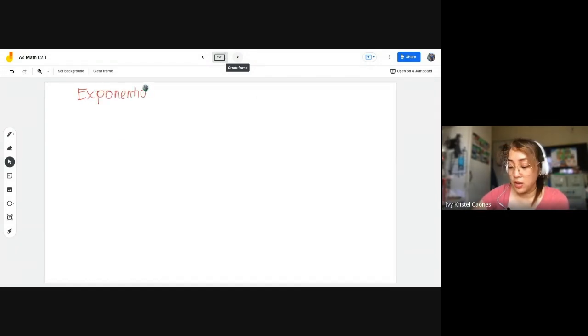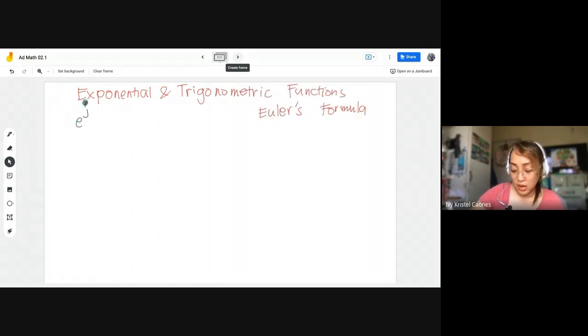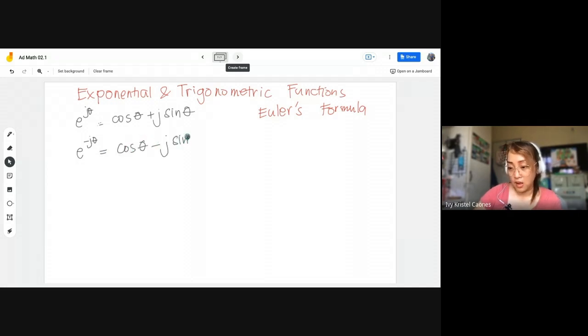So that is now our ln. Say, exponential and trigono functions. E to the j theta is equal to cosine theta plus j sine theta. So what is e to the negative j theta? It is equal to cosine theta minus j sine theta. You have to remember that.